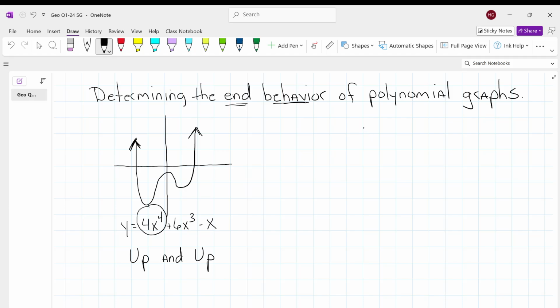If we took another graph and it was basically a parabola but going down, this is a graph of y equals negative x squared plus 2x.